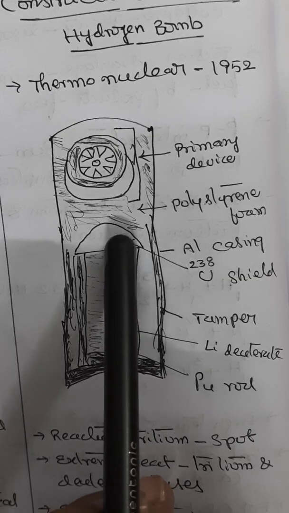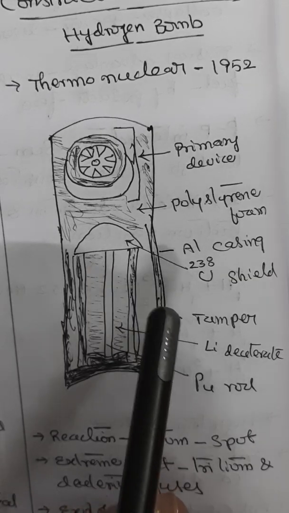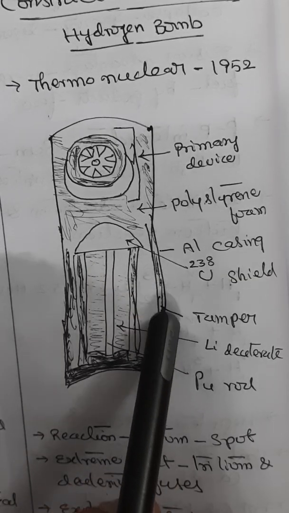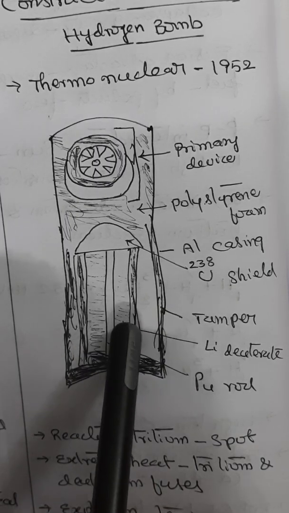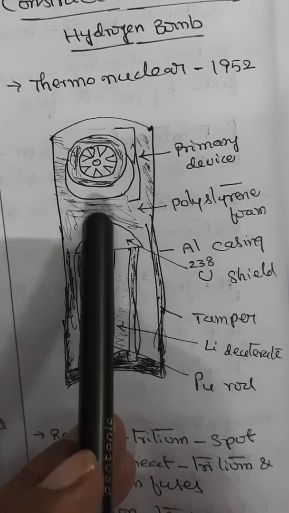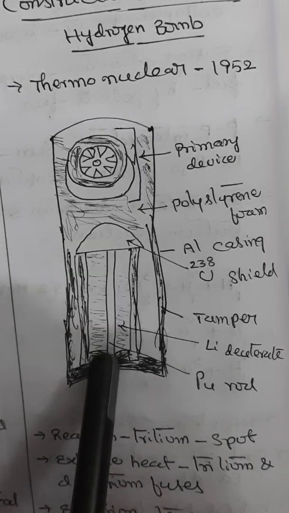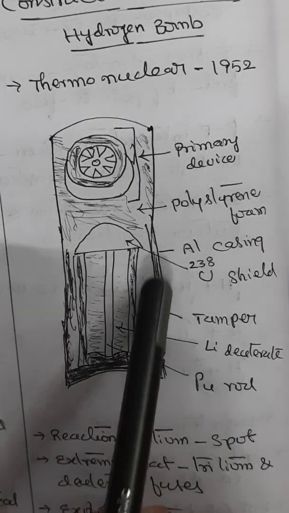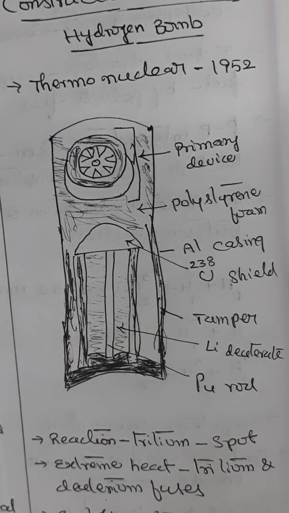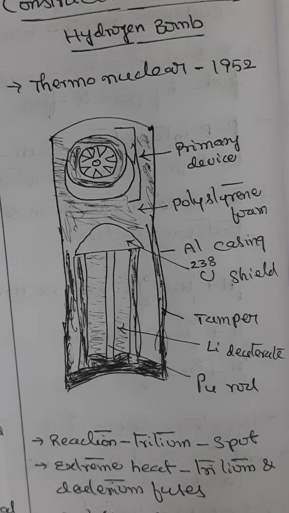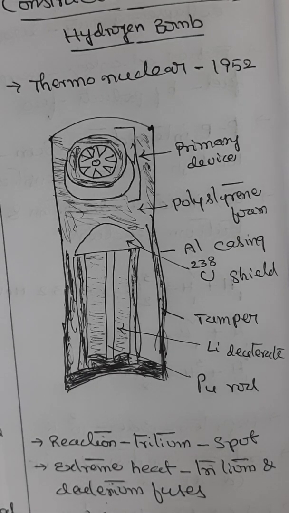Here you have a uranium-238 shield. This is called the tamper. Here on either side you have lithium deuteride, in which a plutonium rod is kept. This is the construction of a typical hydrogen bomb. The first thermonuclear bomb was exploded in 1952 by the United States.